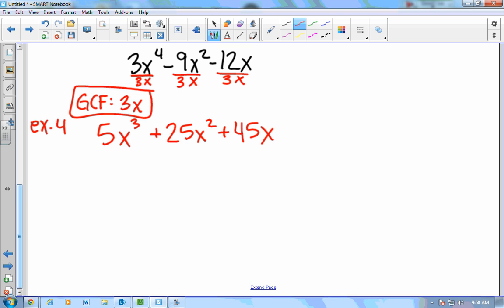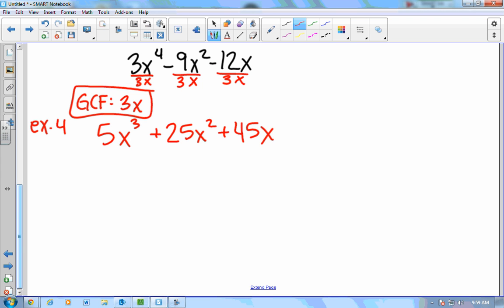Yep, that's it. So you just put GCF equals that. Look at 5, 25 and 45. What's the largest number that can divide into 5, 25, and 45?